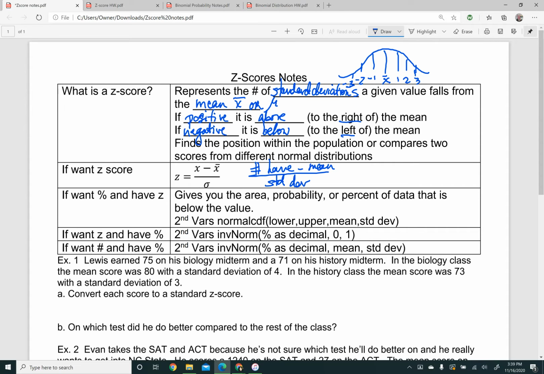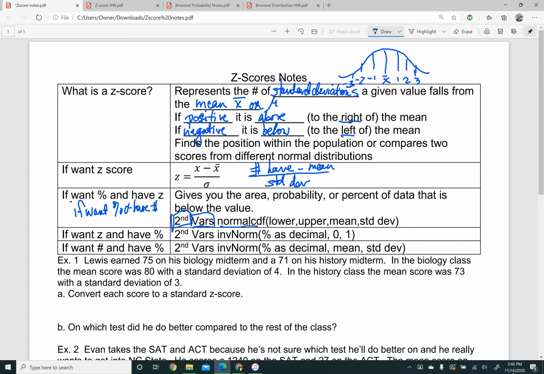Okay. Now, there's a couple of other things they can ask us to do when we're talking about z-scores. If we want the percent and we have the z, or if we want the percent and we have the number, we would do second vars normal CDF, okay?